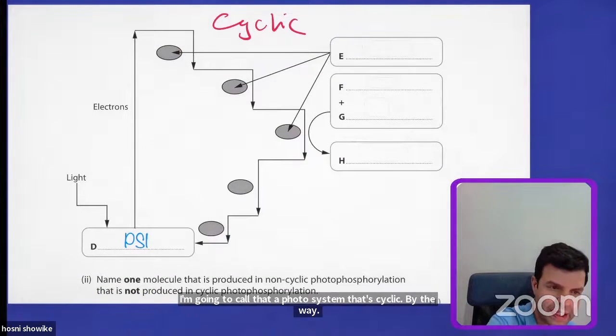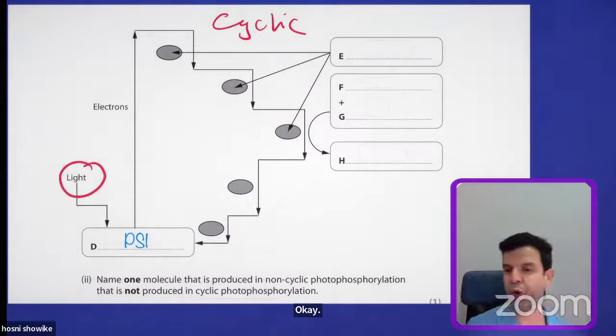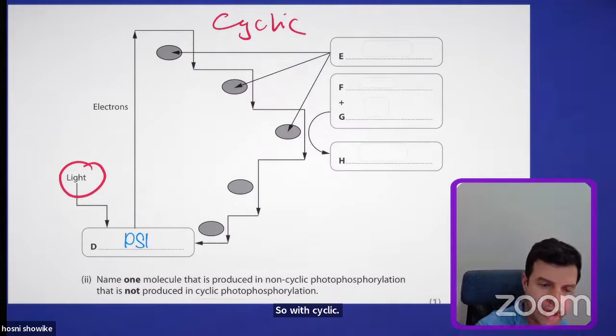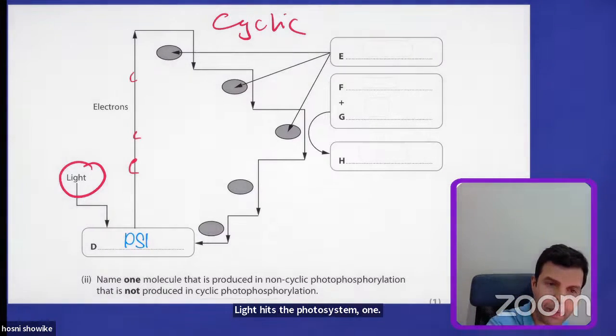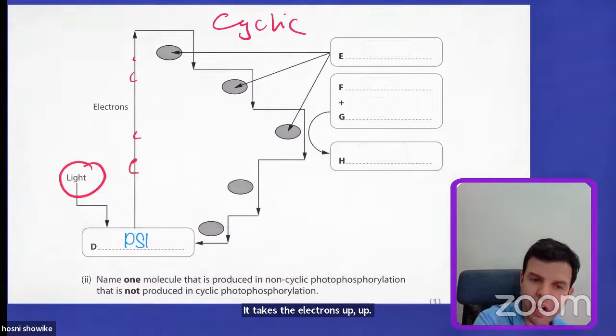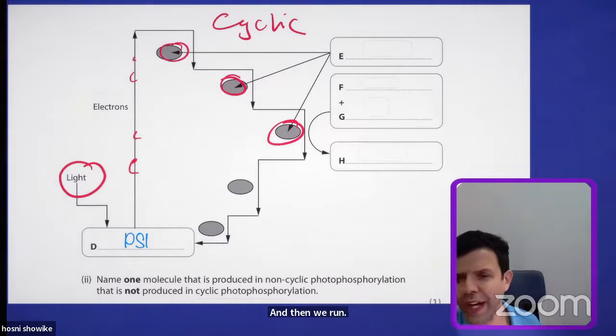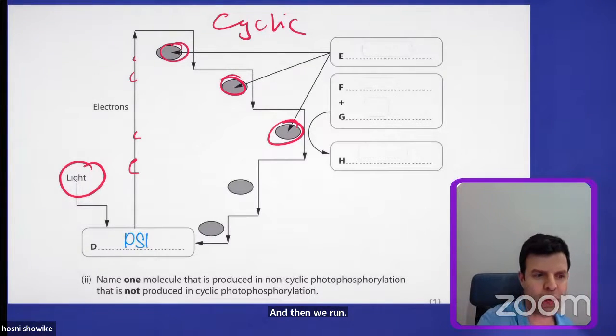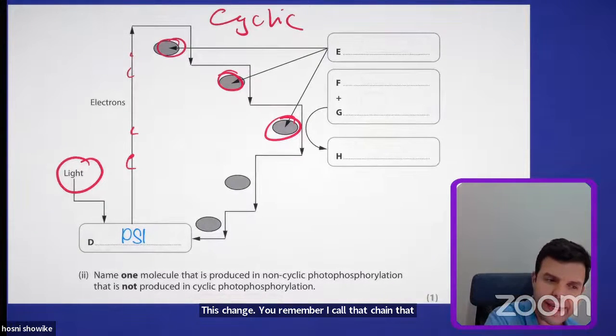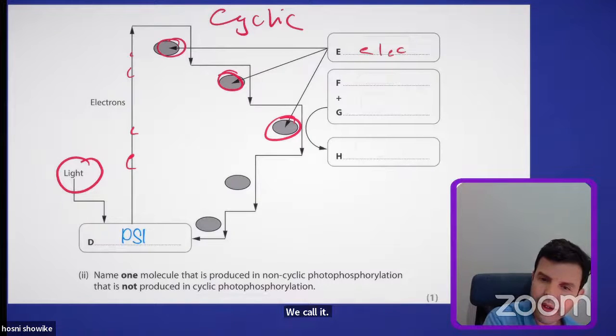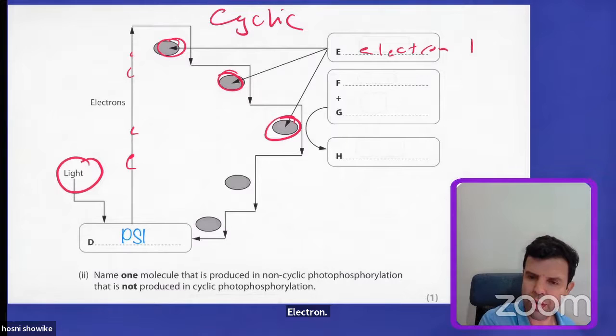So with cyclic, light hits photosystem 1. It takes the electrons up, up, up. And then we run along this chain. Do you remember what I call that chain that carries electrons? We call it the electron transport chain. I'm going to call it ETC, okay?